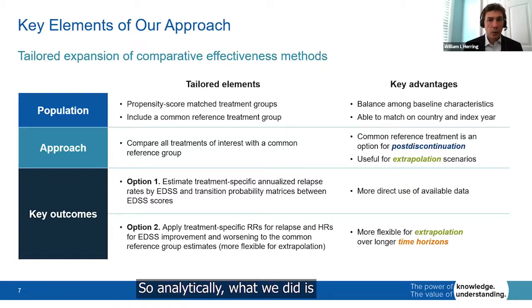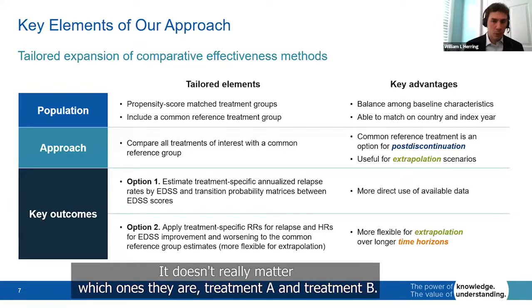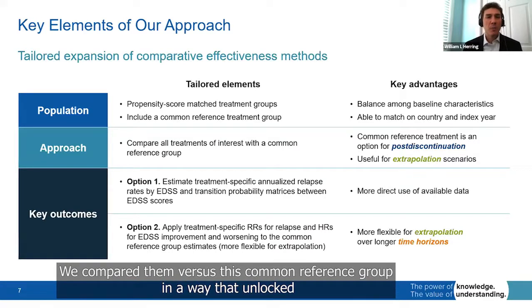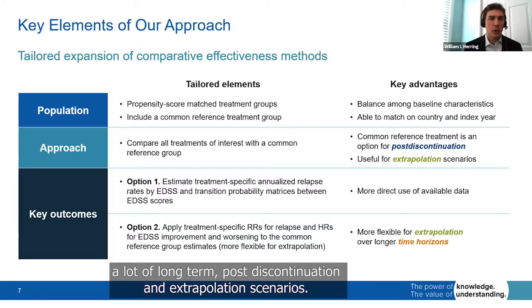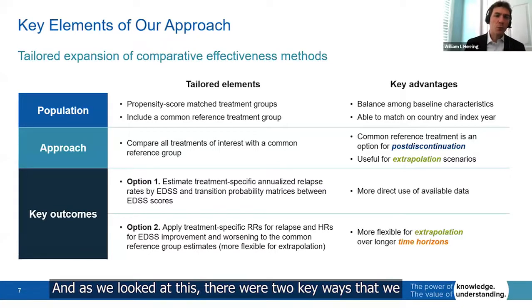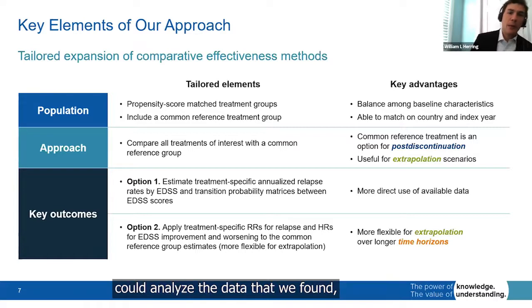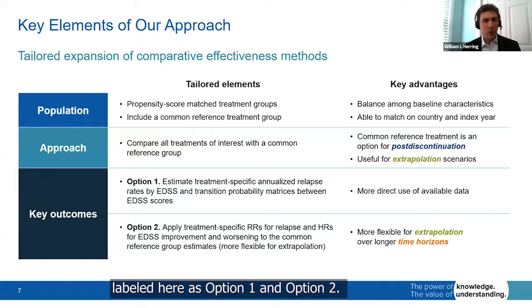So analytically, what we did is we compared our treatments of interest, which really was two treatments, it doesn't matter which ones they are, treatment A and treatment B. We compared them versus this common reference group in a way that unlocked a lot of long-term post-discontinuation and extrapolation scenarios. And as we looked at this, there were two key ways that we could analyze the data, labeled here as option 1 and option 2. The first option tries to use the data directly.